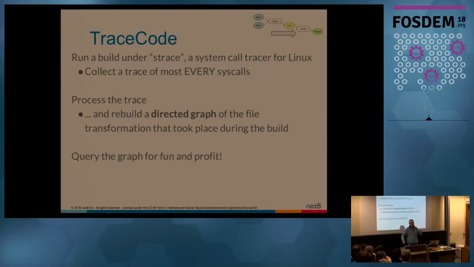And what happens automatically in some of the simplest cases is that the thing that's only written to and never read, at the end of the graph, is actually your binary. On the other hand, if you take some binary and go in the reverse direction, the file that's only read and never written, in most cases, is a source file.